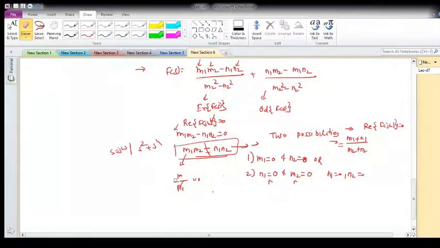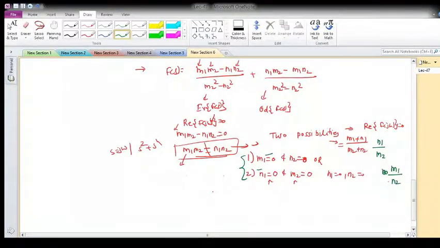So the condition for the real part of Z(jω) equal to 0 is this, simple, can you remember? In the numerator n1 should exist and in the denominator m2 should exist, or m1 will exist and in the denominator n2 will exist.